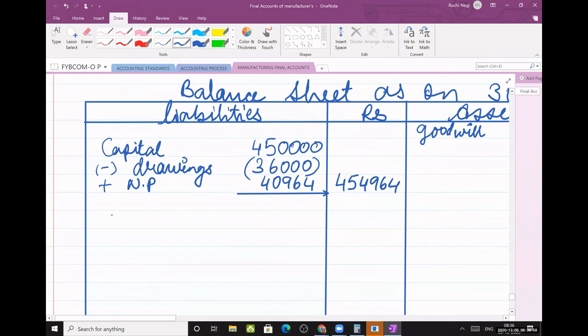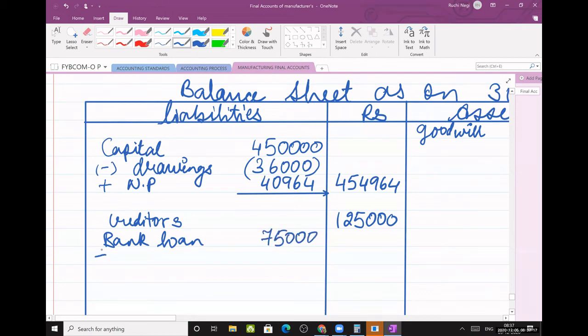4,54,964. Then you have creditors 1,25,000. Then bank loan 75,000. Add interest on bank loan. Interest on loan. We had that adjustment of 1,200. Its second effect is here. Okay, so 76,200.